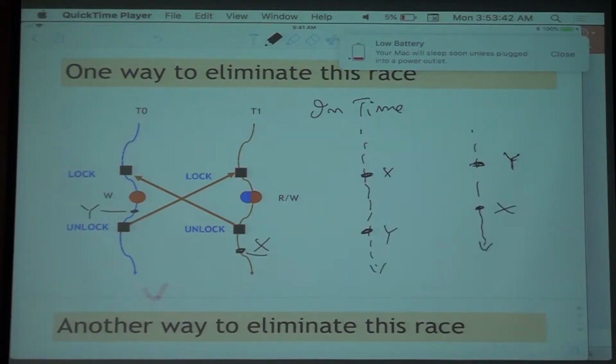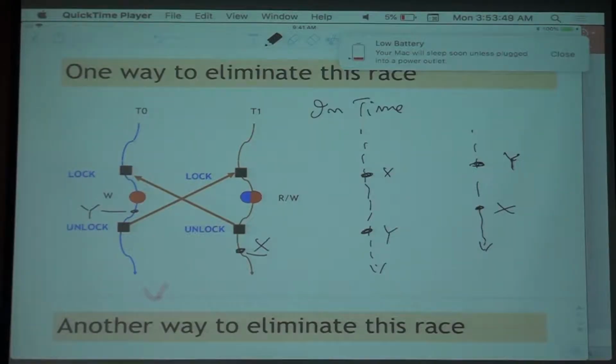This is just an accident of how the threads ran, and both are okay. They are not in the happens before.